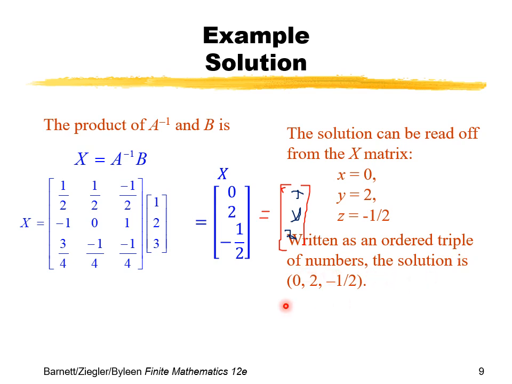The solution will be the coordinates of x 0, y 2, z negative half. So this is the intersection, or the solution, for this equation system.